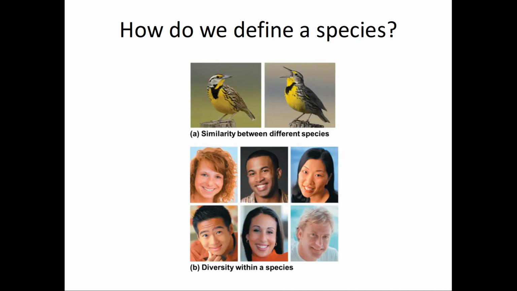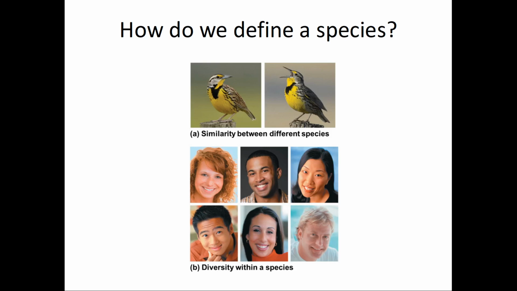All right, so it is difficult, right? You look at these two birds up here. They're both yellow. They both have dots on them. They both have black splotches near their necks. They look like they might be the same species, but they're not.